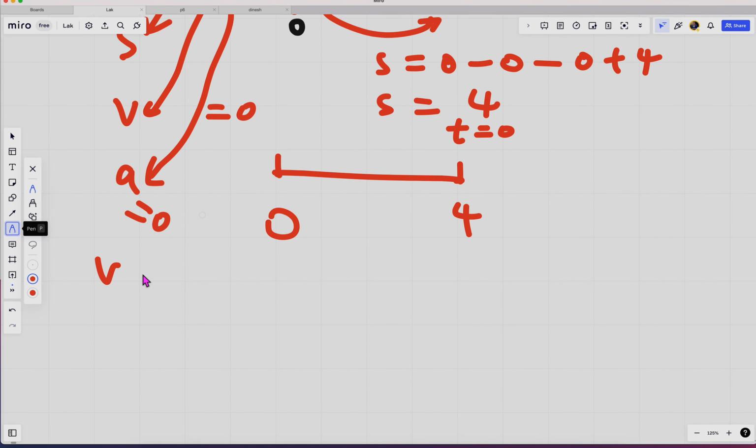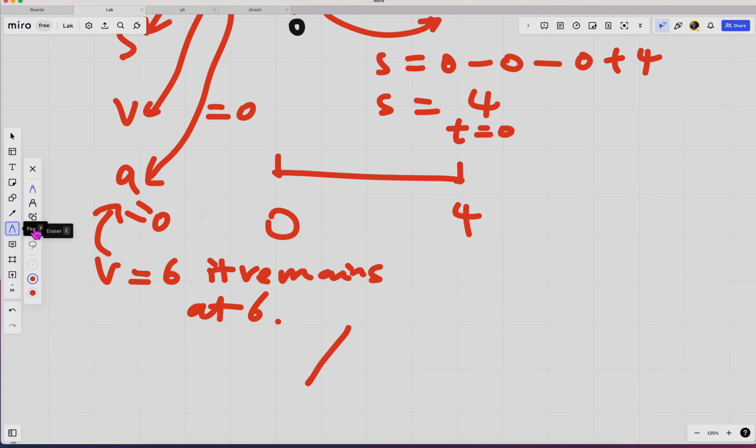Velocity can be 6 and acceleration can also be 0, and it remains at 6. So like I say, at rest means v equal to 0.